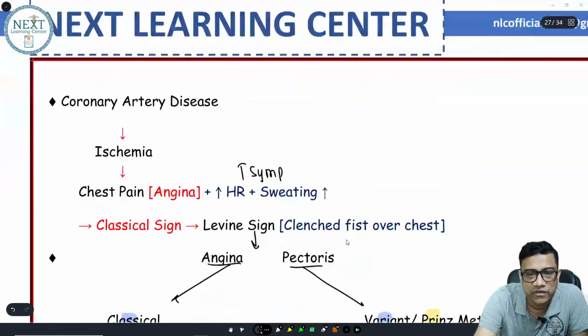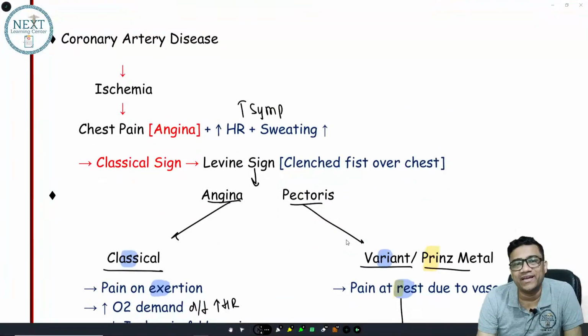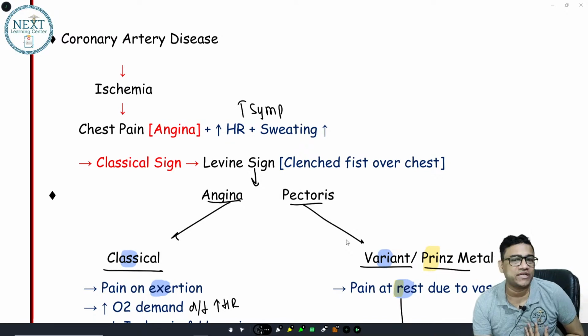Next question. If there's a coronary artery disease, there will be ischemia. Ischemia causes chest pain called angina, which causes increased sympathetic activity, heart rate, BP, uneasiness, anxiety can be there. Plus the classical sign is Levine sign.